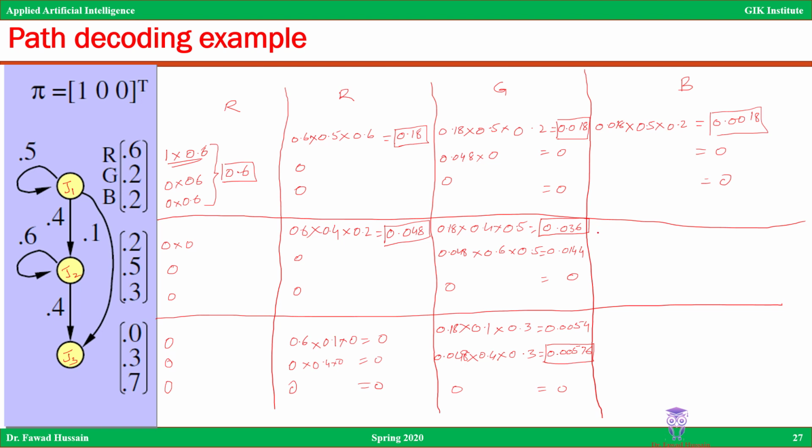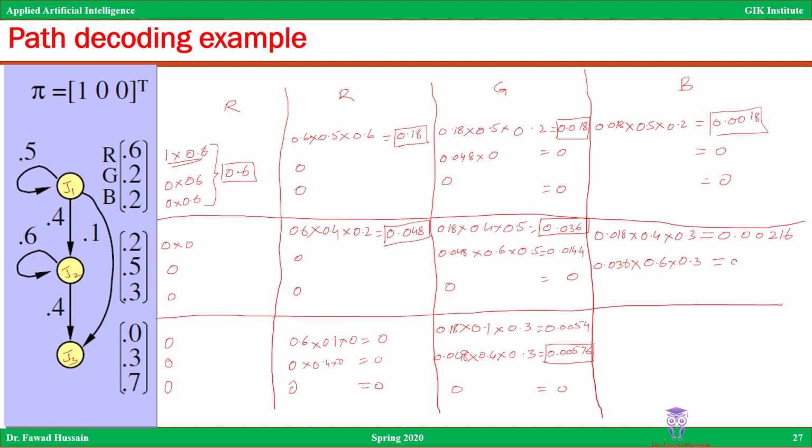Let's move to the second jar. So here we have 0.018 multiplied by 0.4, and multiplied by blue in the second jar, which is 0.3. So this is 0.00216. We have 0.036, this value multiplied by, so this is jar 2, remaining in jar 2 0.6 and 0.3.